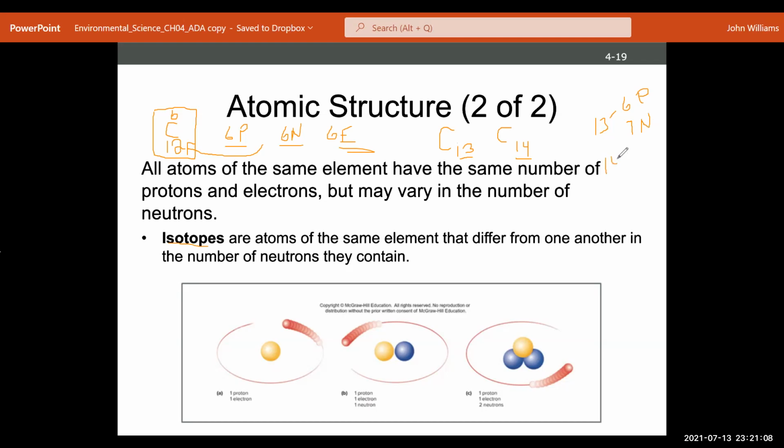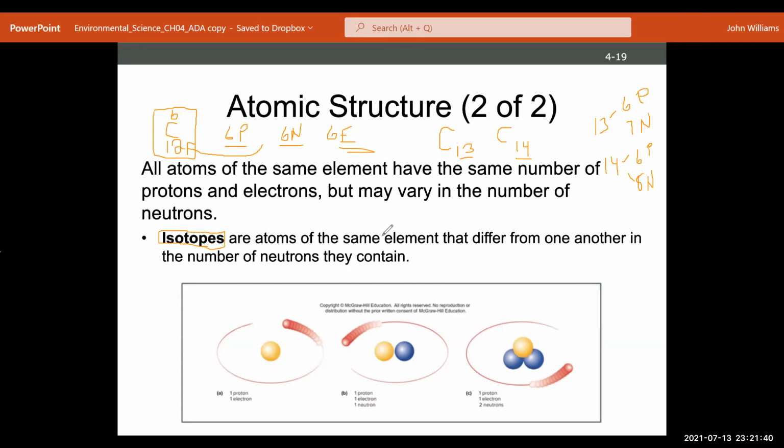Carbon-14 still has 6 protons, but it has 8 neutrons, right? So 6 plus 7 is 13, and 6 plus 8 is 14. And so that's what isotopes are. Isotopes are variations of an atom of the same element that differ in the number of neutrons, and so they have a different atomic mass.